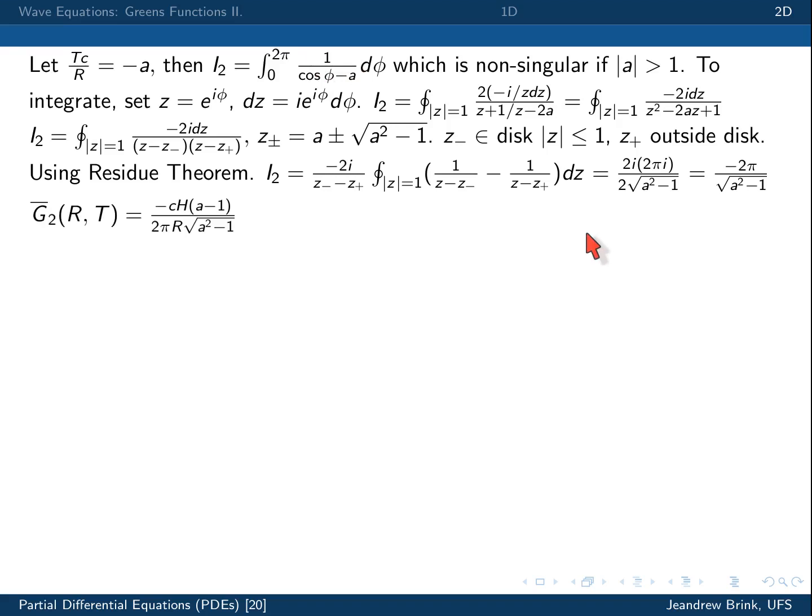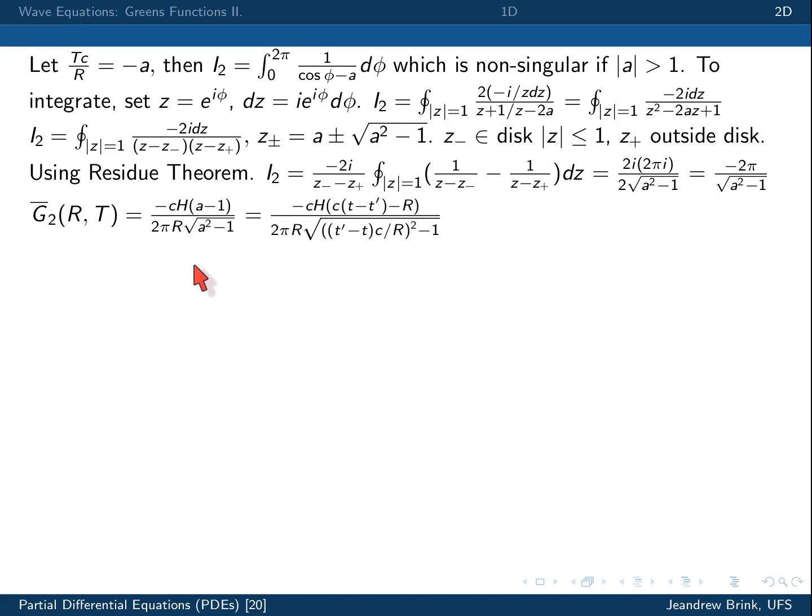Okay, so that now gives us our Green's function, which is actually beautifully simple. It is simply that constant we defined previously multiplied by the step function, which is a condition that this integral is non-singular, in other words, that a is greater than 1, and multiplied by the integral itself, which is just the square root of a squared minus 1. And then this r comes from the constant factor that we had in front.